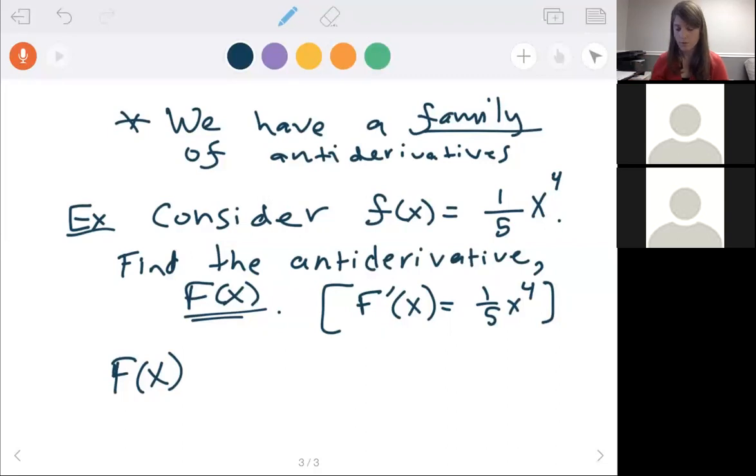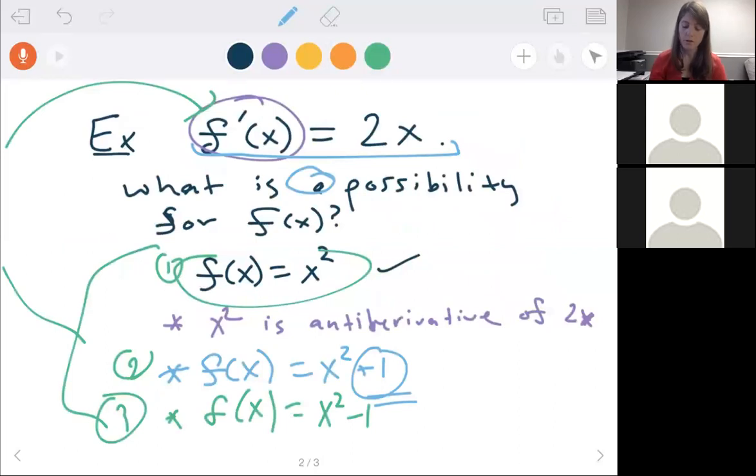So let's break this one apart. This one's a little bit tougher, and this 1/5 can sometimes throw us for a loop. So let's back up for just a second and think about the patterns we just saw. When we were starting with a 2x, we knew we had to have something with an x squared, because when we're applying the power rule for derivatives, our derivative should be 1 degree less.